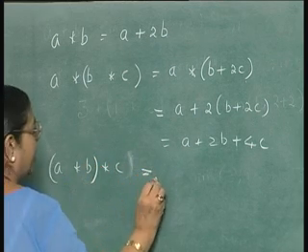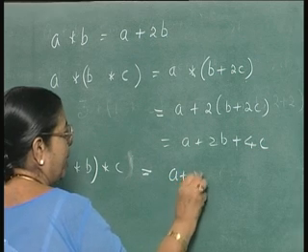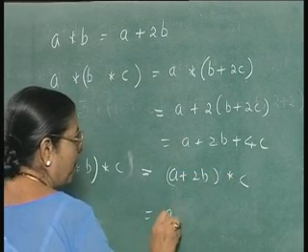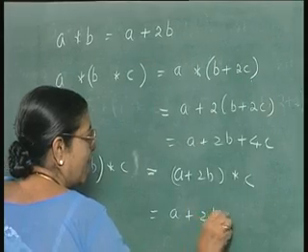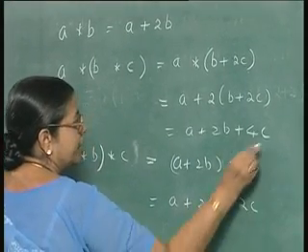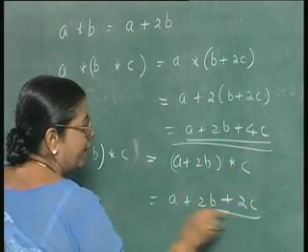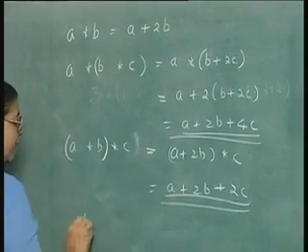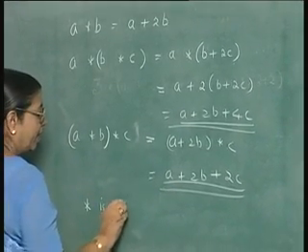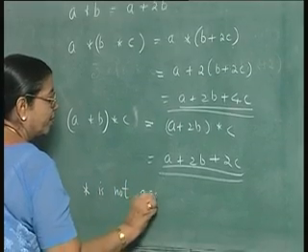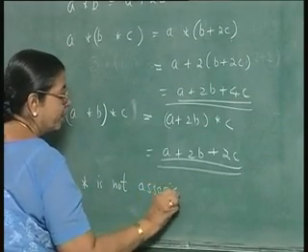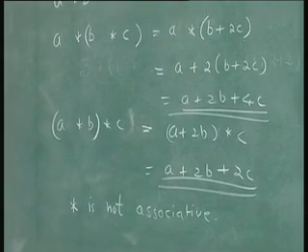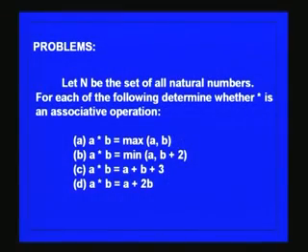That is A plus 2 times (B plus 2C), which is A plus 2B plus 4C. We can see that this is different from this. So, in this case star is not associative. We can try the other 2 portions.